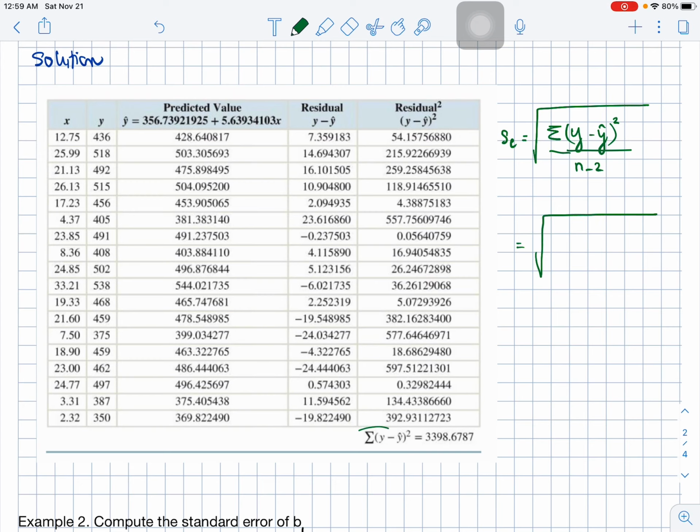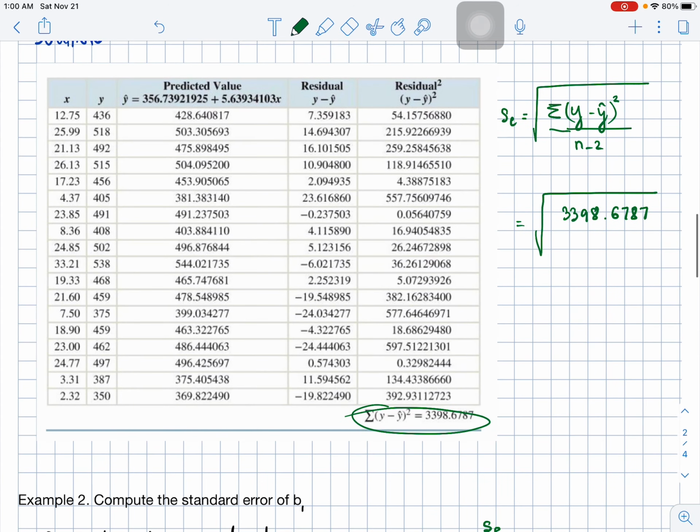We already calculated the sum of (y minus y hat) squared, which is 3,398.6787.